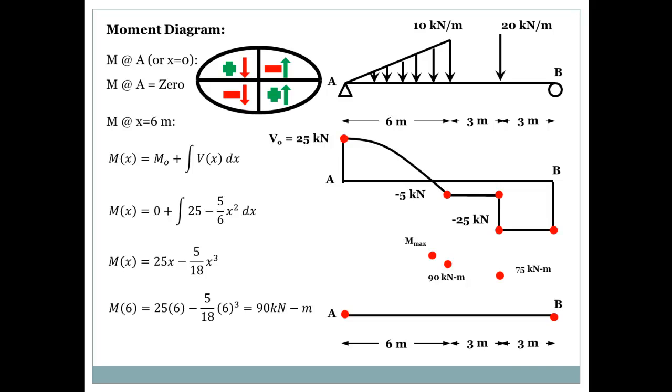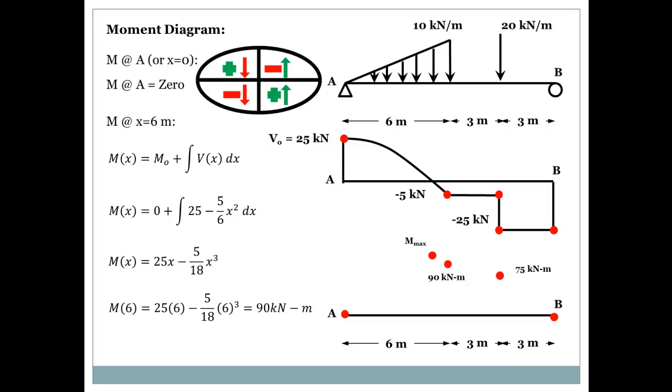The question is, what kind of shape do we have for the moment diagram? Is it a straight line? Is it concave up? Is it concave down? If I want to apply the same logic I used before, I will look at the shear diagram and see, is it positive or negative first? For the load diagrams, the arrows indicate the direction of the load, so if it's pointing downwards it's negative, and if the arrows are pointing upwards, it's positive.